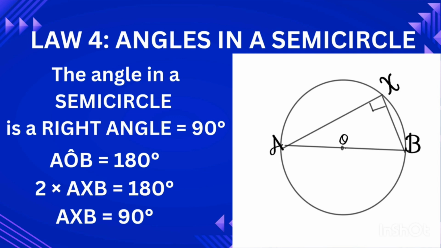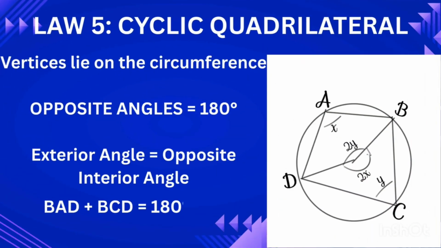So angle ASB here is 90 degrees. So it's a very easy mark for you to achieve in your exams. So as you have considered my diagram well, let's proceed to the next slide, to the 5th and last law. So we have a cyclic quadrilateral.